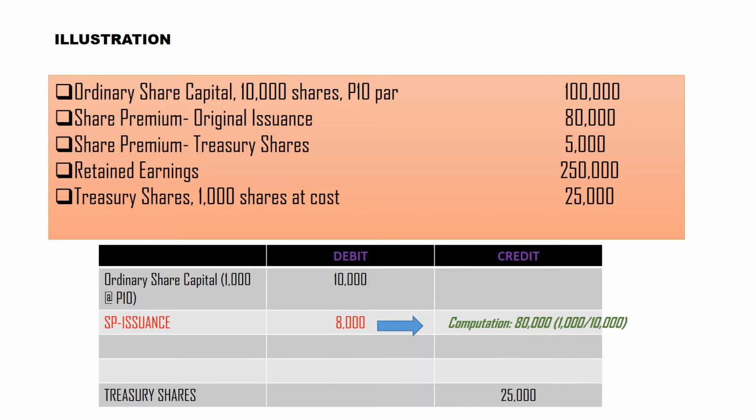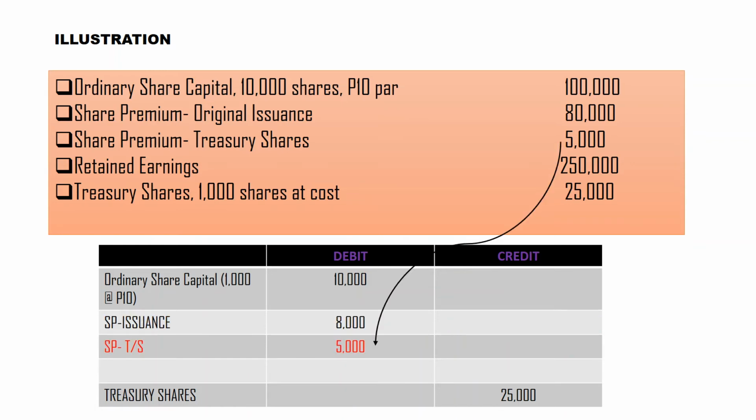For the computation, we get the 1,000 treasury shares divided by the number of issued and outstanding ordinary shares, and we get 10%, and multiply it to the amount of the share premium from original issuance. We debit in full the amount of share premium from treasury shares, 5,000 pesos, after the cancellation of the share premium from original issuance on a pro rata basis.